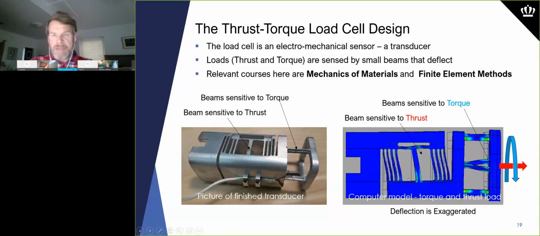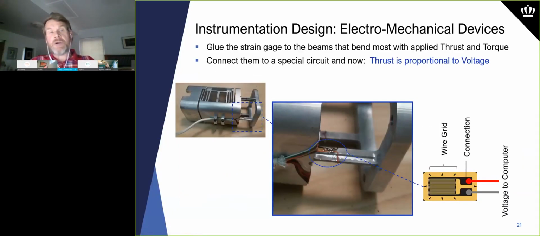So when they bend, that deflection causes the metal to actually stretch or strain, if you will, at the surface. And we bond a strain gauge right in the area where it is changing. And that's what I tried to show here. So here's one of those strain gauges bonded to the piece of metal that's bending right at the area where it bends the most, or where the strain is the greatest, I should say.